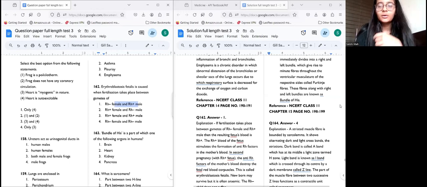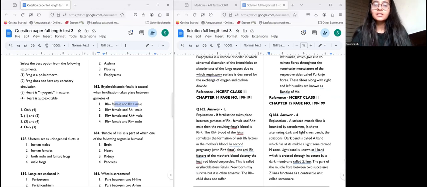Okay, so moving on to question number 162. Erythroblastosis fetalis is caused when fertilization takes place between the gametes of an Rh negative female and an Rh positive male. What happens? The resulting fetus's blood will be Rh positive because that's the dominant factor.